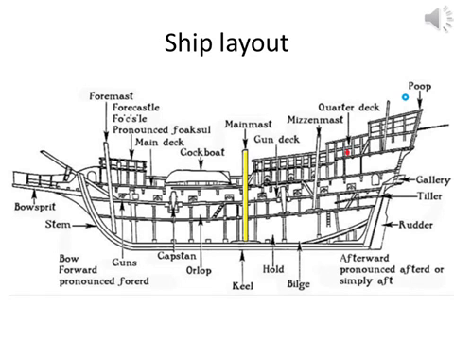Let us see the layout of a ship from a layman's point of view. A ship has in the middle a pole called the mainmast, and on the left hand side you may be watching the bowsprit. There is also one more called the foremast, which is towards the forward, and at the rear side, the back side, there is a poop, and near the poop is a quarter deck.